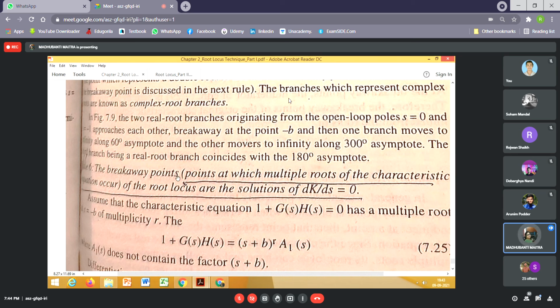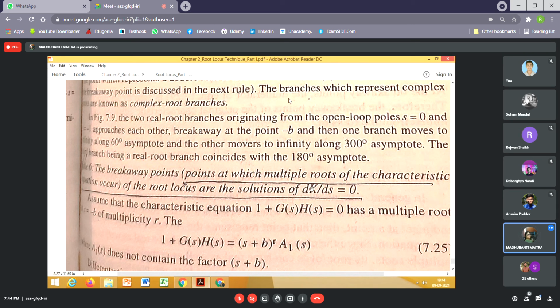So what is the definition of breakaway points? Points at which multiple roots of the characteristic equation occur. That means at breakaway points we'll get repeated roots of the characteristic equation. The breakaway points of the root locus are the solutions of the equation dK/ds equal to 0.